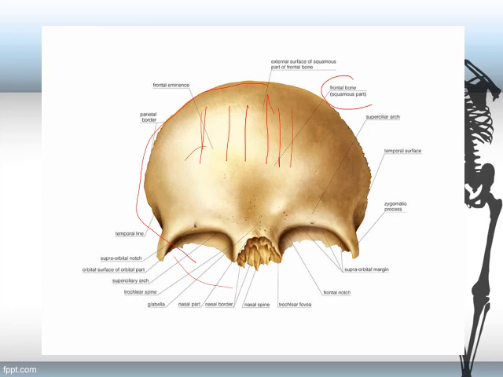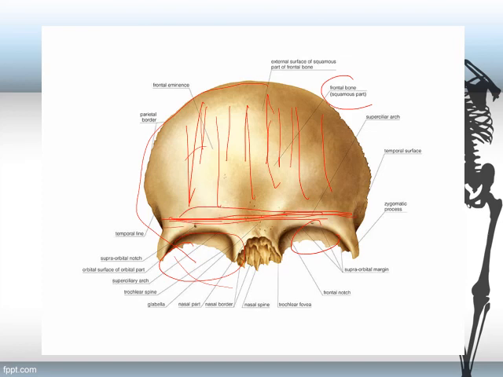And then we have the, makita, so, this is the orbit. Ito yung orbit natin. So, just above it, we have the horizontal portion. Okay? So, ito, squamosal portion or the vertical portion. And this one, the horizontal or the orbital portion of the frontal bones.